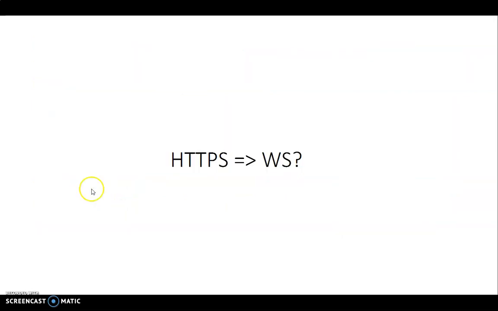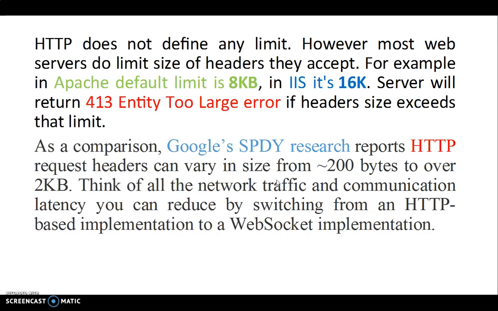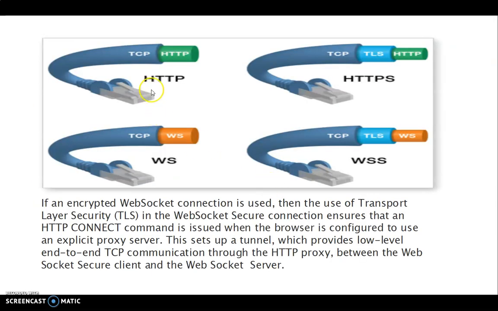Now how do we operate HTTPS over WebSocket? Traditionally, HTTP runs over TCP, normal HTTP. If you want secure operation, we put one more layer of encryption in the transport layer, known as transport layer security, and this becomes HTTPS.